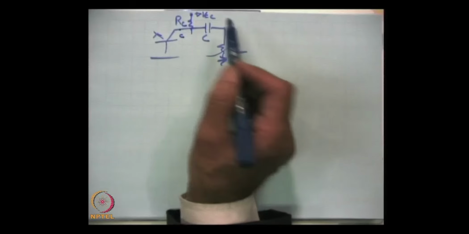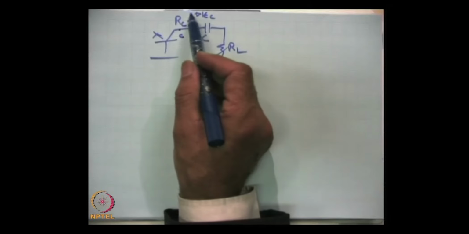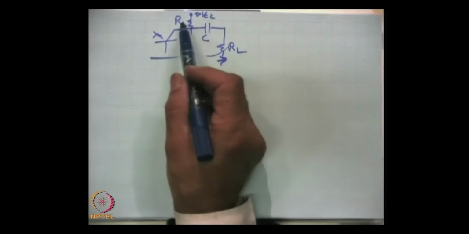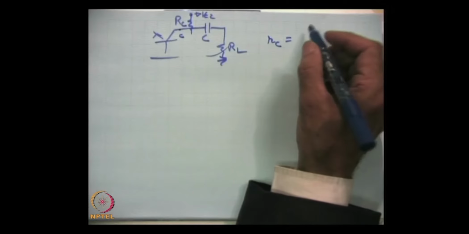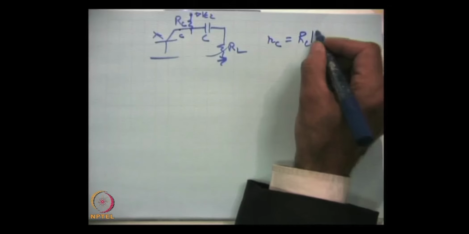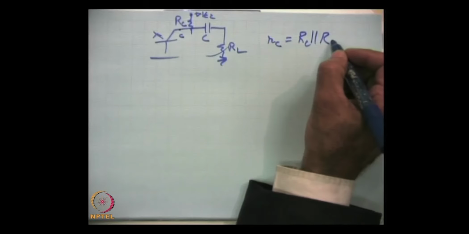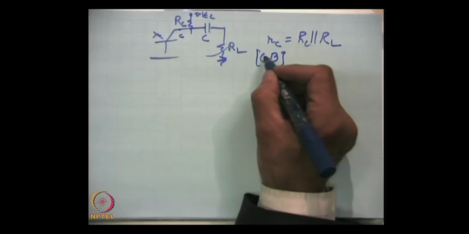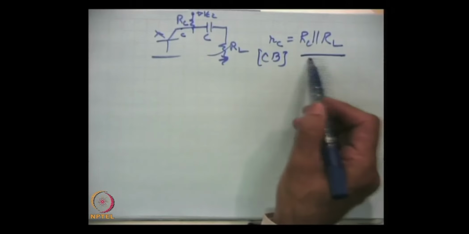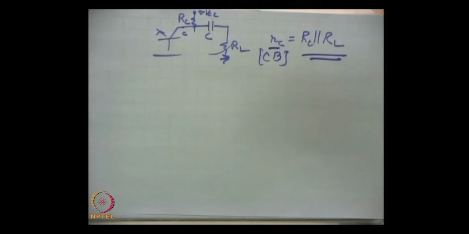For any AC analysis, we ground this terminal, then these two become in parallel. So, RC will be the effective value of the output impedance in the CB case.